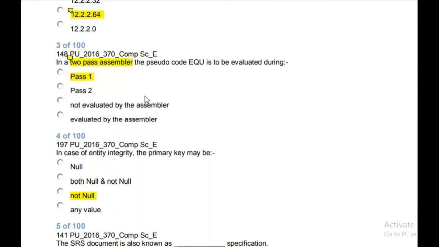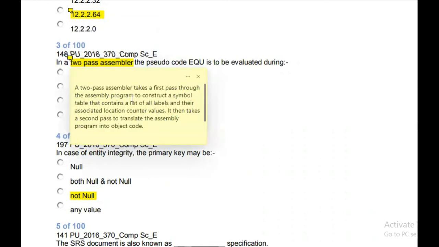Third question. In a 2-pass assembler, the pseudo-code EQU is to be evaluated during pass 1, is the right answer. A 2-pass assembler takes a first pass through the assembly program to construct a symbol table that contains a list of all labels and their associated location counter values.